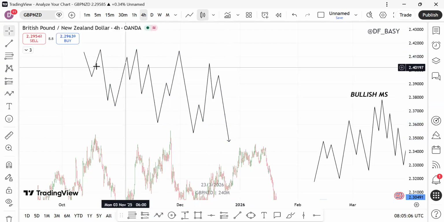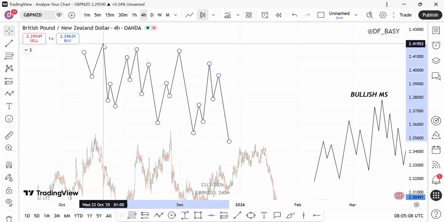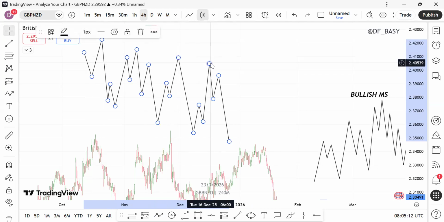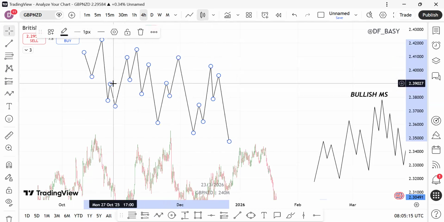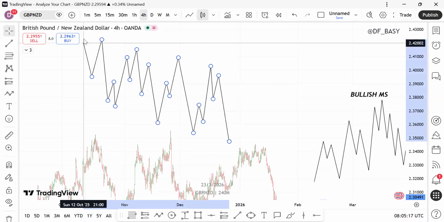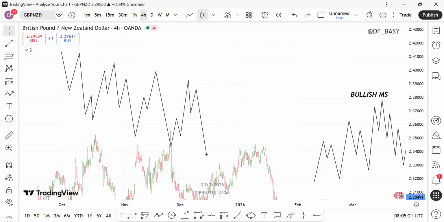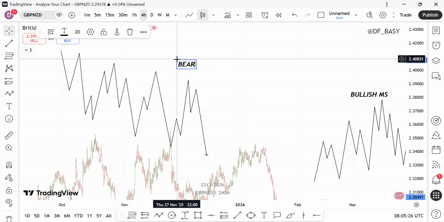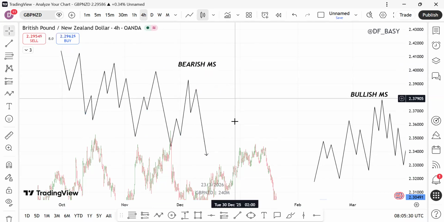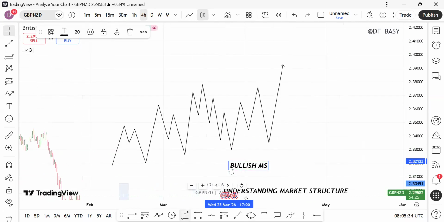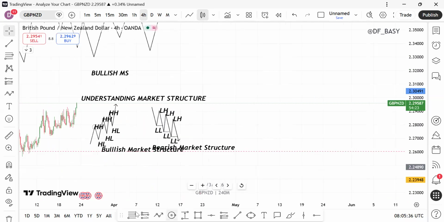All right. So this is a bearish market structure. I get a bit advanced now from what I showed you guys. So this is bearish MS, bearish market structure. And now this is a bullish market structure. So now it's different from what I showed you here.